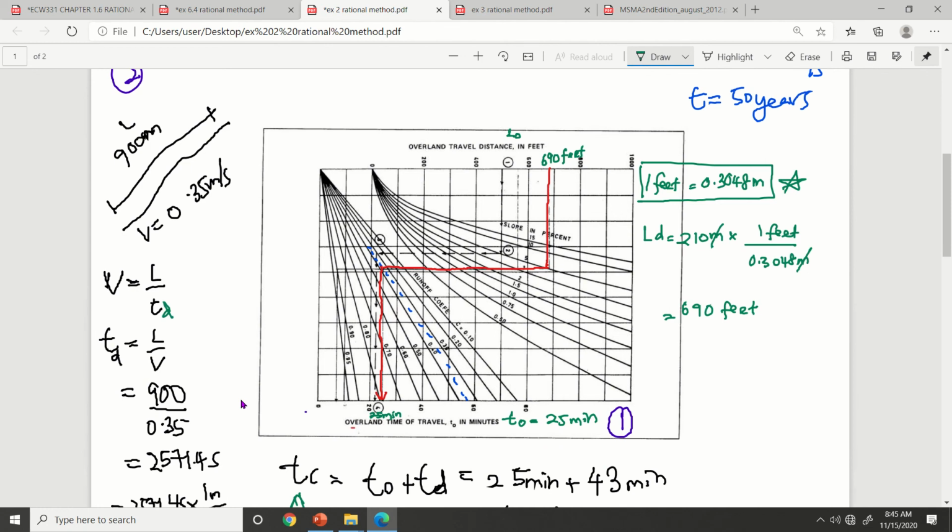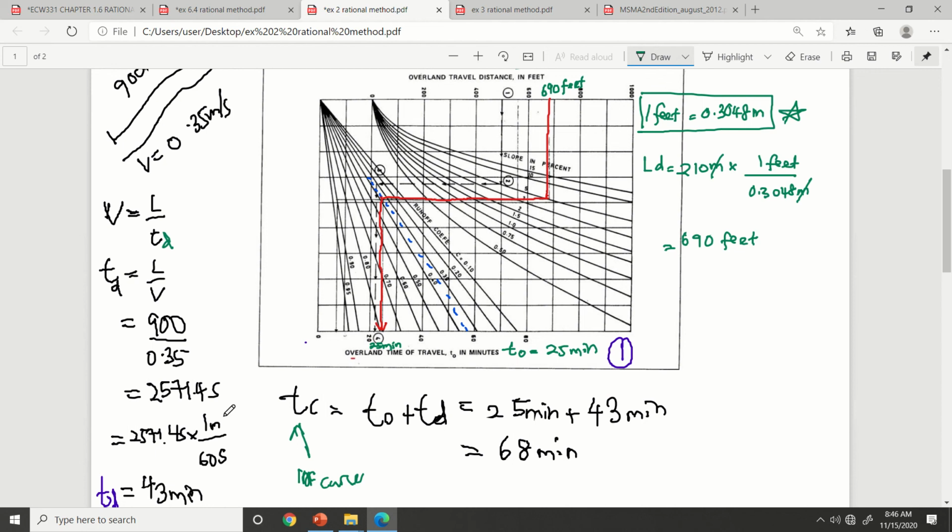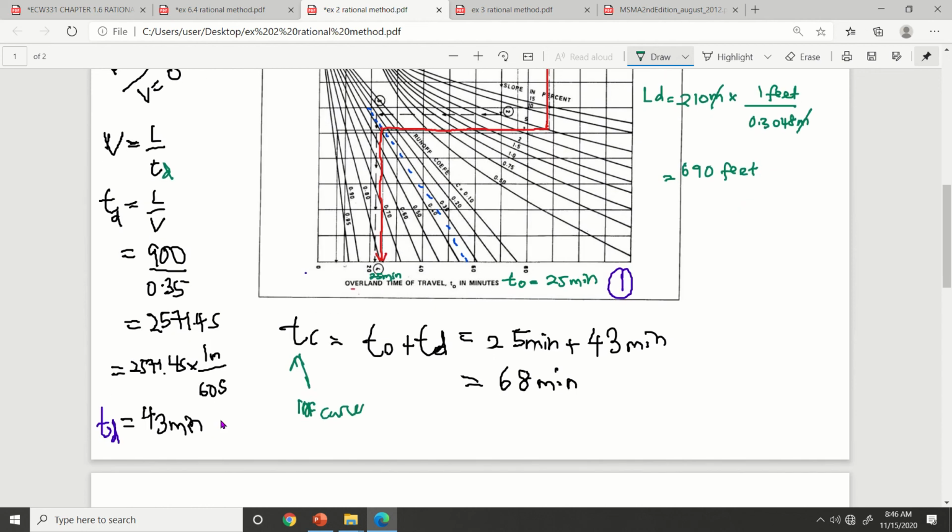TD, you get in seconds and then convert into minutes. So TD I get 43 minutes. TC, T naught is 25, TD is 43, so you get 68 minutes.